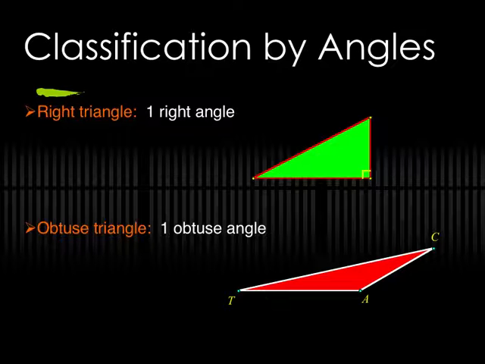Sterling. Equilateral right triangle, right? Why? Because in an equilateral triangle, all of the angles are the same. And, wait, do we know that?